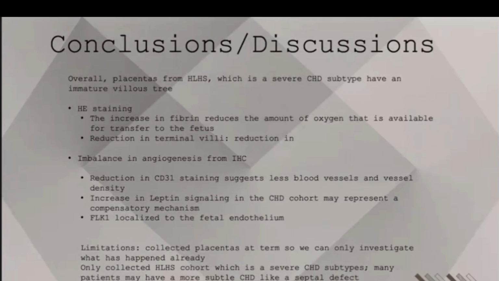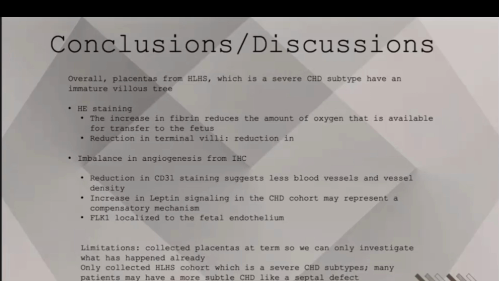They need a lot of oxygen, a lot of glucose, a lot of amino acids to grow and to develop all of those different organs. So in cases of CHD, it's not just the heart that needs all of this. It's all of the different organs, the heart and the brain, which is very important. So that's what this data shows.